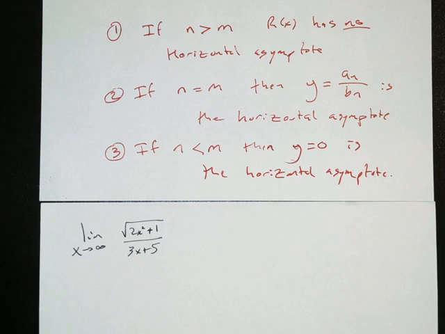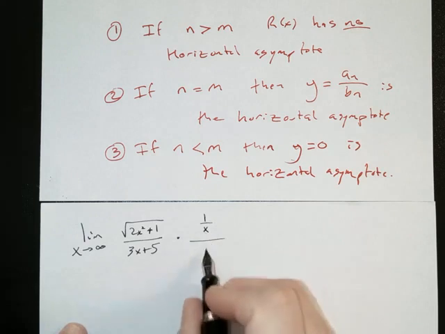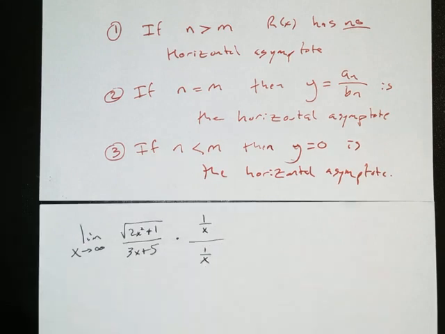So when I go to actually do the multiplying by 1, I want to multiply by 1 over x, because really the highest power is x to the first. And I'm okay with that. On the bottom, that's going to be easy. But on the top, I've got to do some algebra.